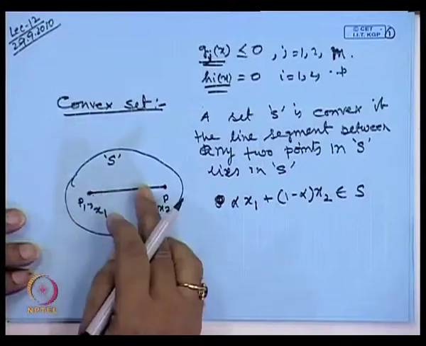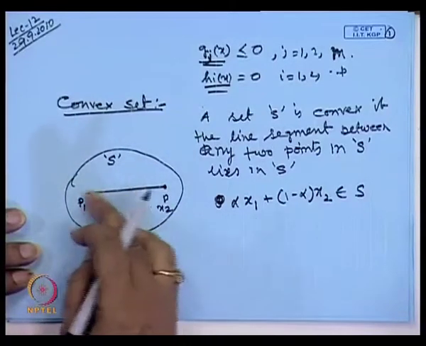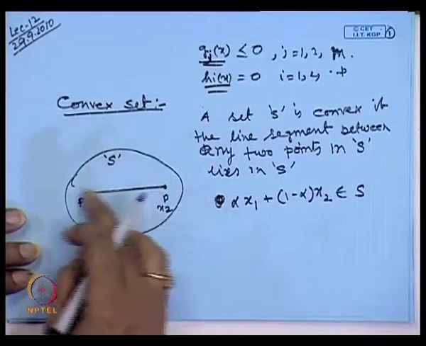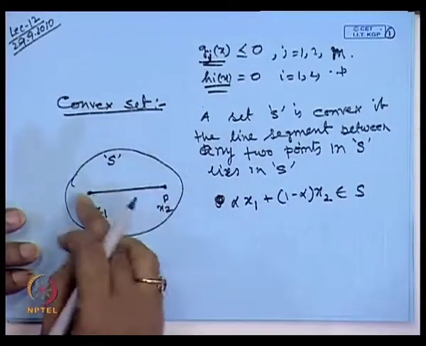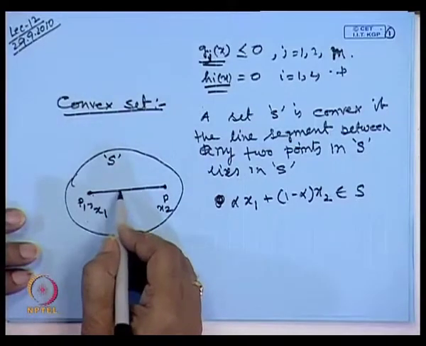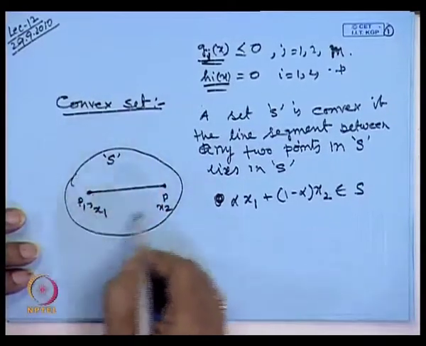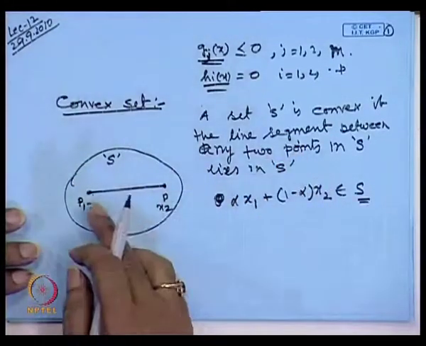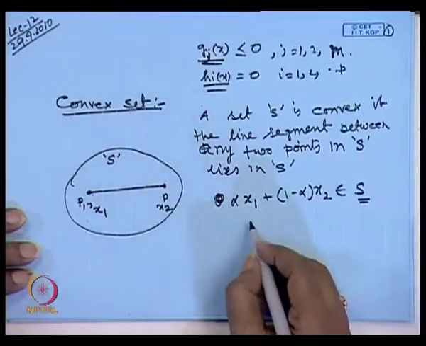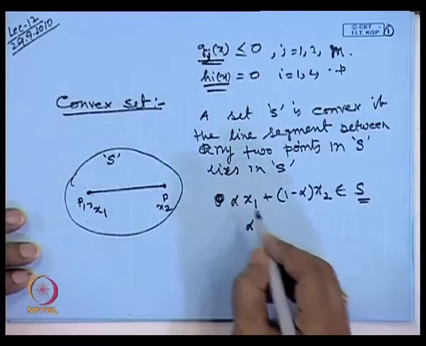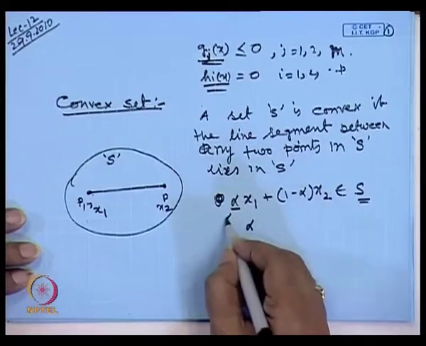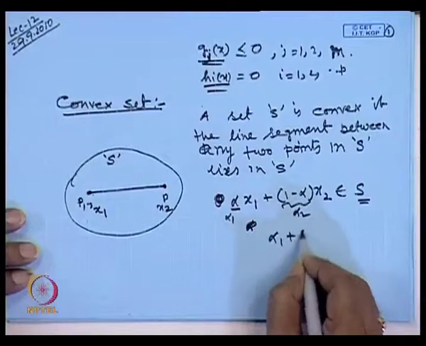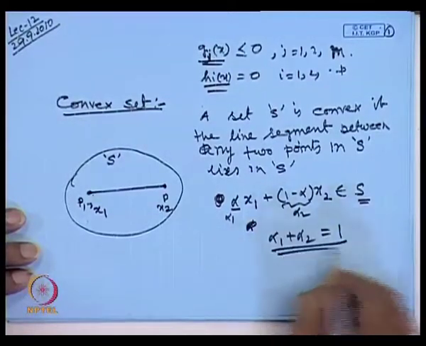If you consider the single variable case, x1 and x2 are two points, you join these two points, and any point on the line belongs to that set S. It can be in n-dimensional variables x1, x2. The only condition is, if you consider alpha1 and alpha2, alpha1 plus alpha2 must be equal to 1.